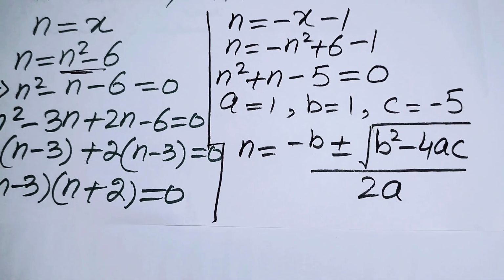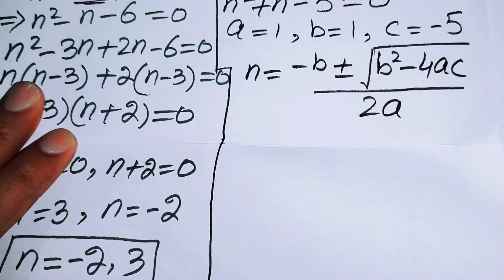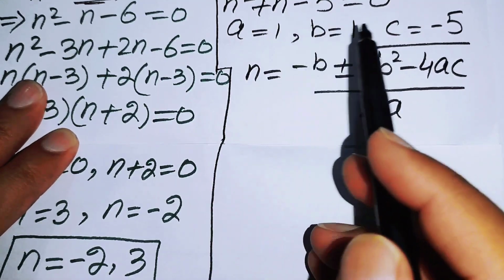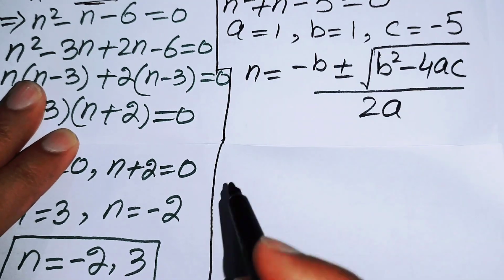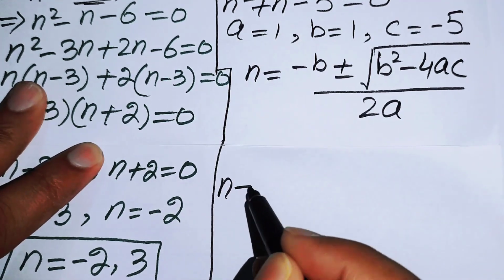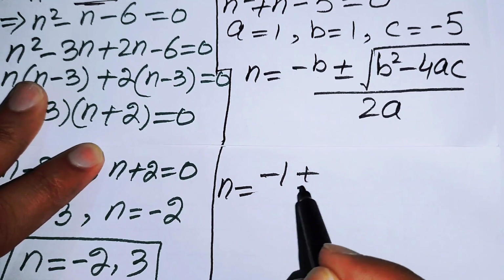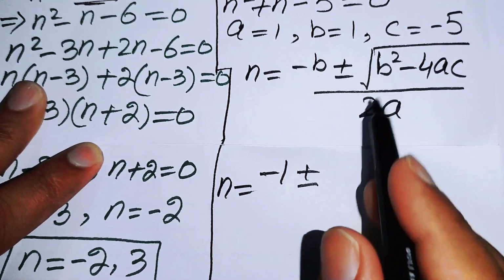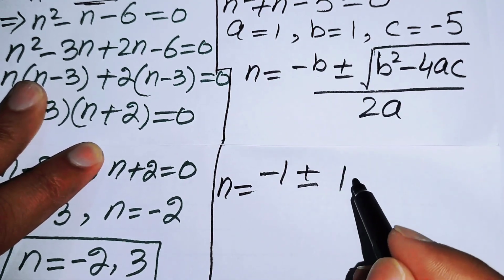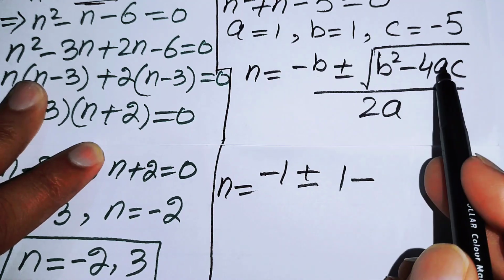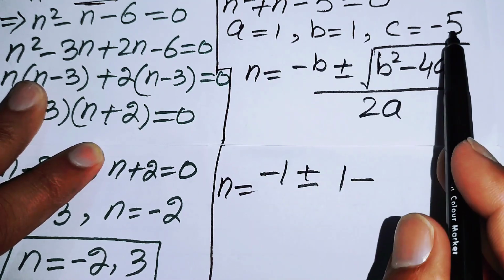So this is our quadratic formula, and now we put the values of a, b and c in this quadratic formula, and you get n equals minus b, and the value of b is 1, plus minus square root of b squared, the value of b is 1 and 1 squared is 1, minus 4 times ac, the value of a is 1 and the value of c is minus 5.